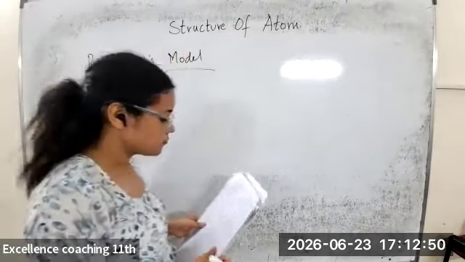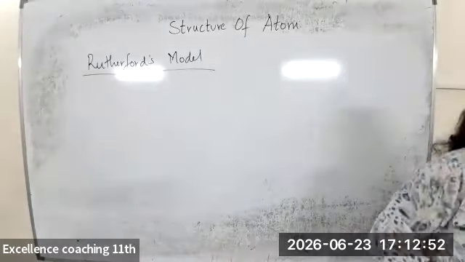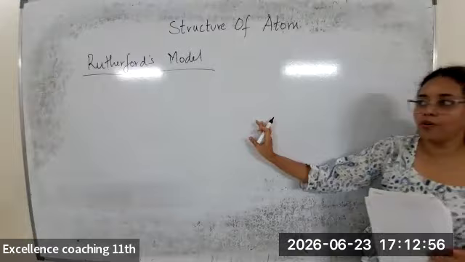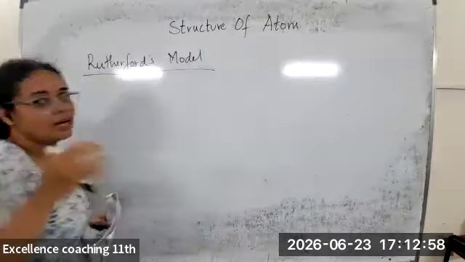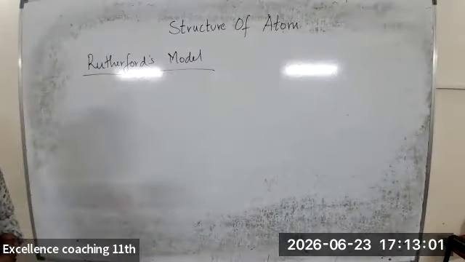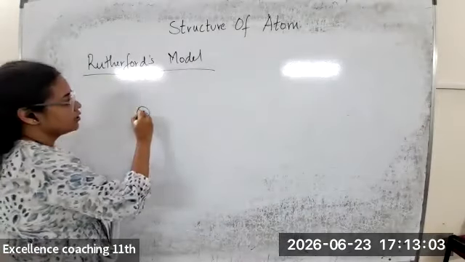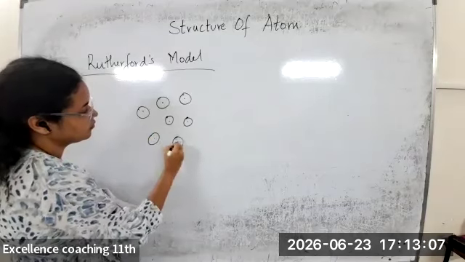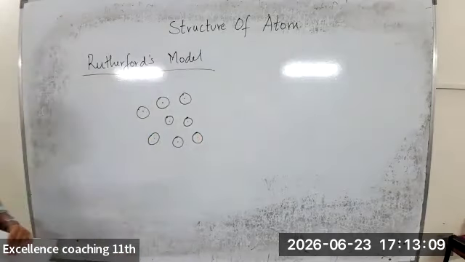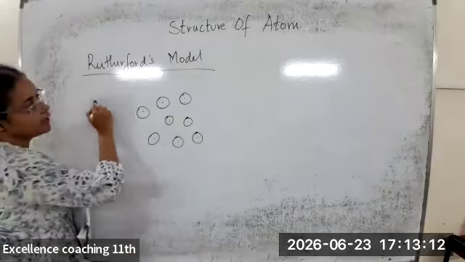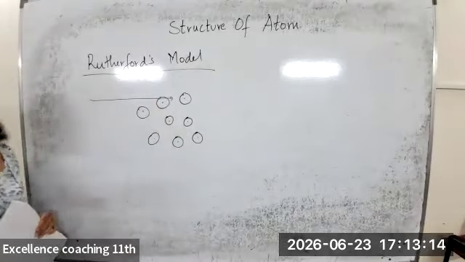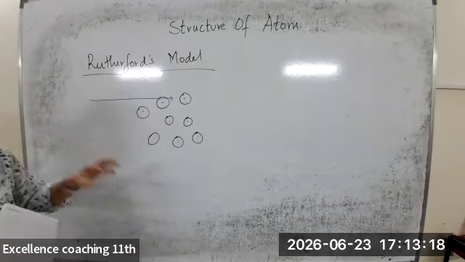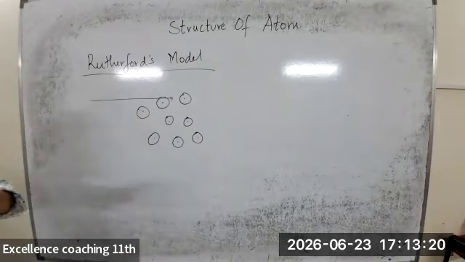Rutherford also performed a simple experiment. He took many gold foils and passed positively charged alpha particles onto this gold foil.